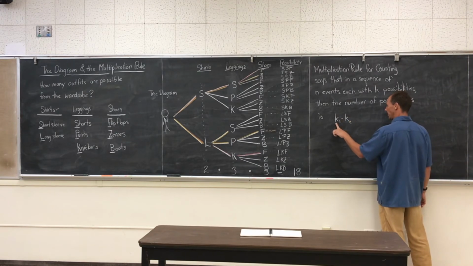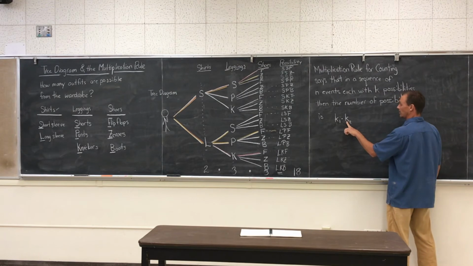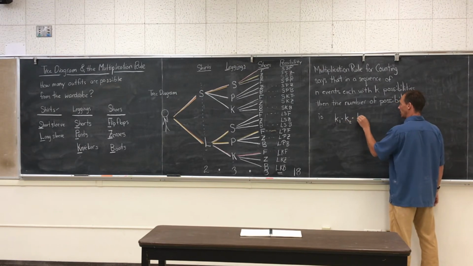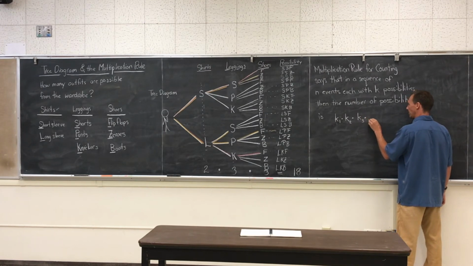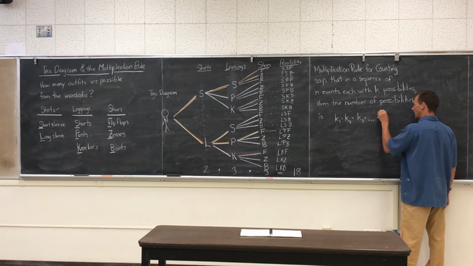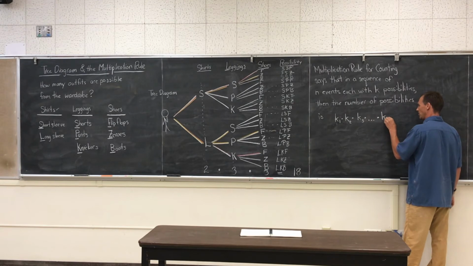So the first event is k1. The second event is k2, k3, and you would just keep multiplying all these different events until you get to the last one, whatever it is, the nth event.